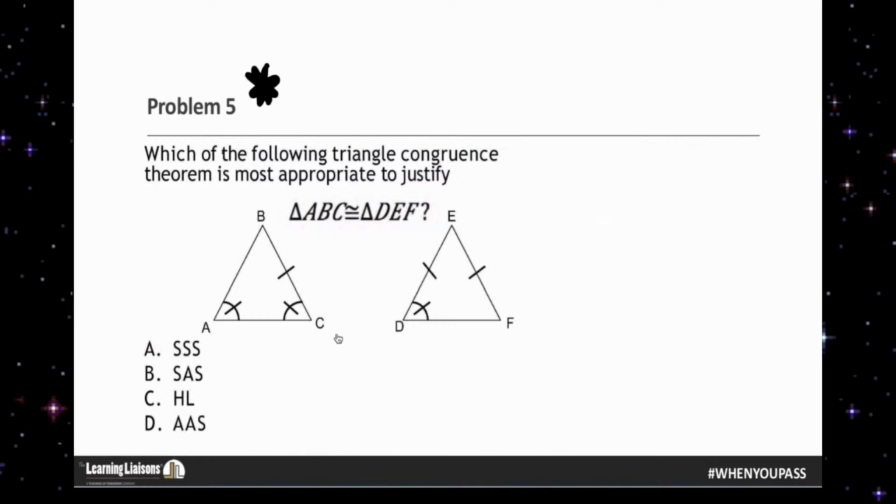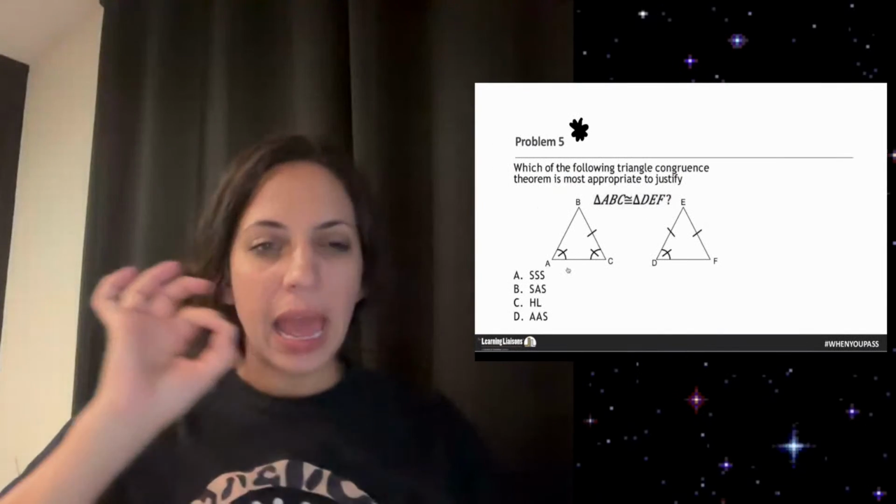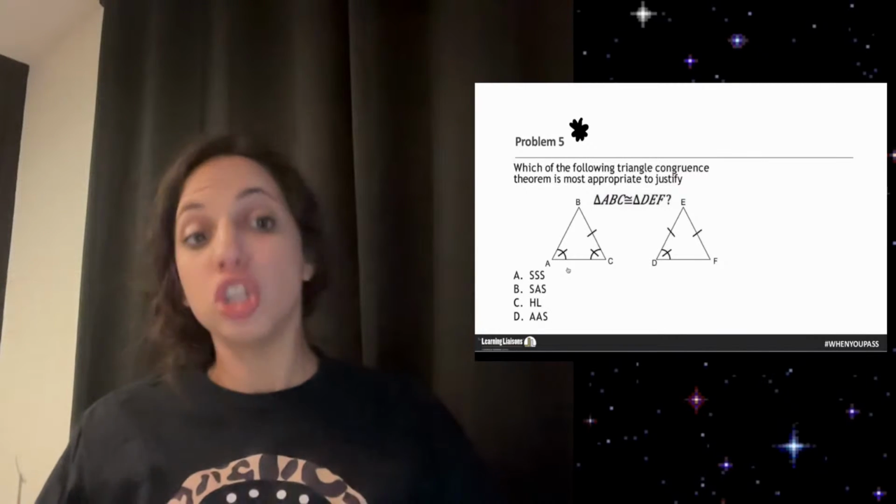Which of the following triangle congruence theorems is most appropriate to justify triangle ABC is congruent to triangle DEF? So congruency and similarity are two different things.